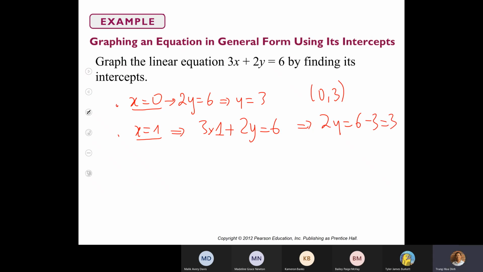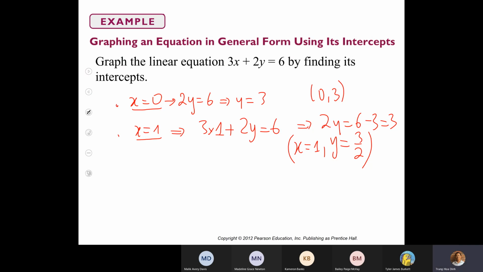Does that make sense? And you solve for y: it is 3/2. You have the second point, x equal to 1 and y equal to 3/2. And you plot them on the system of coordinates. You get the straight line.